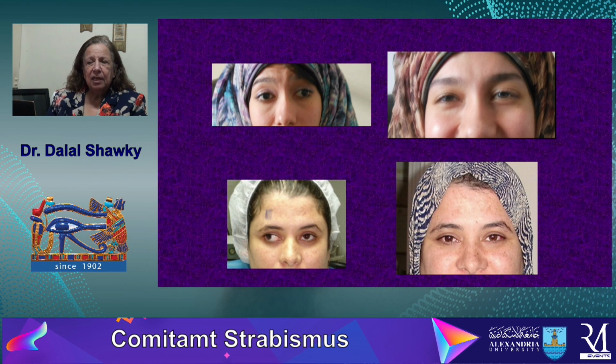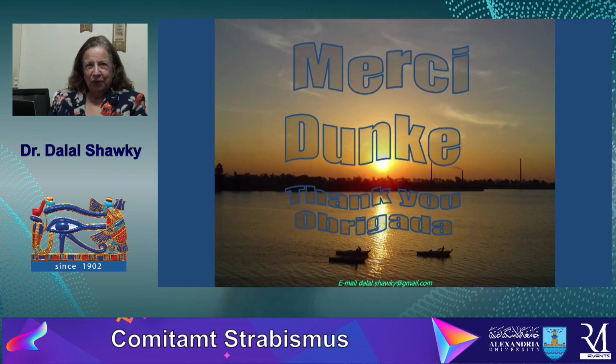In these cases, our aim in adult age is not to cure amblyopia because it will not be cured, only the cosmetic appearance. So in old age like this, all we have to do is correct the appearance, and we can go to surgery from the start. And thank you very much for your kind attention.